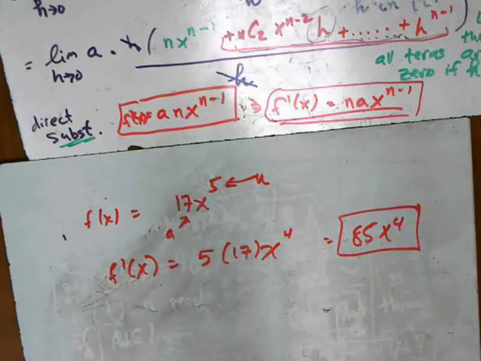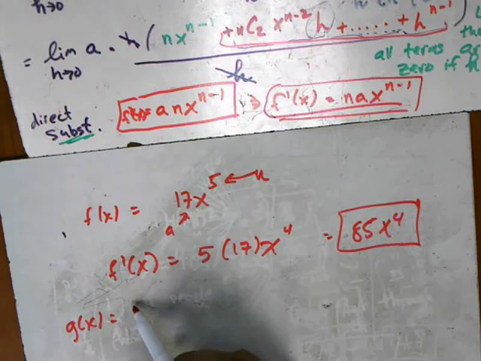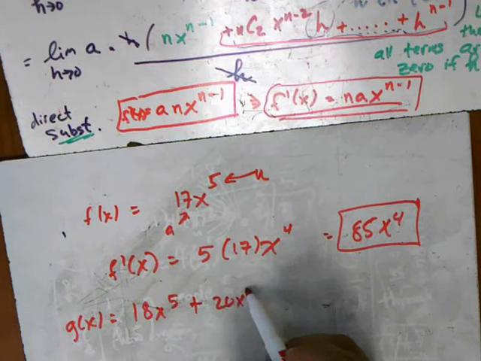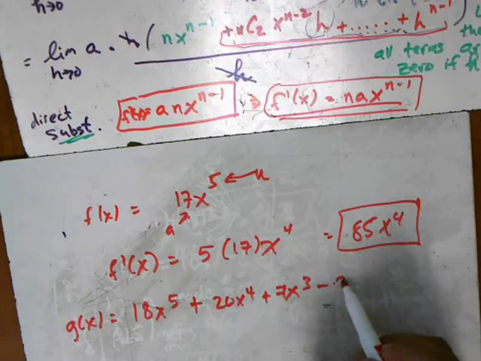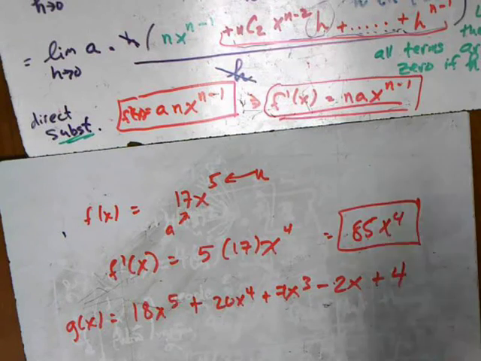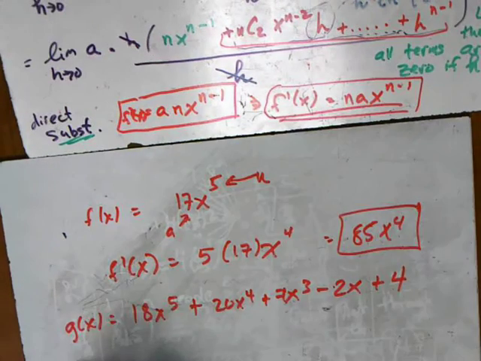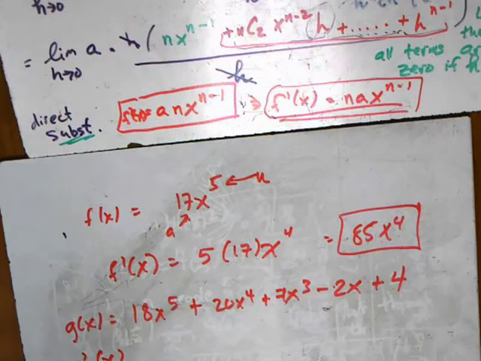Even better, even if I had a long polynomial, let's say g of x equals 18x to the 5th plus 20x to the 4th plus 7x to the 3rd minus 2x plus 4. Well, this is going to go relatively quickly now. We can treat every single one of these terms as a power.